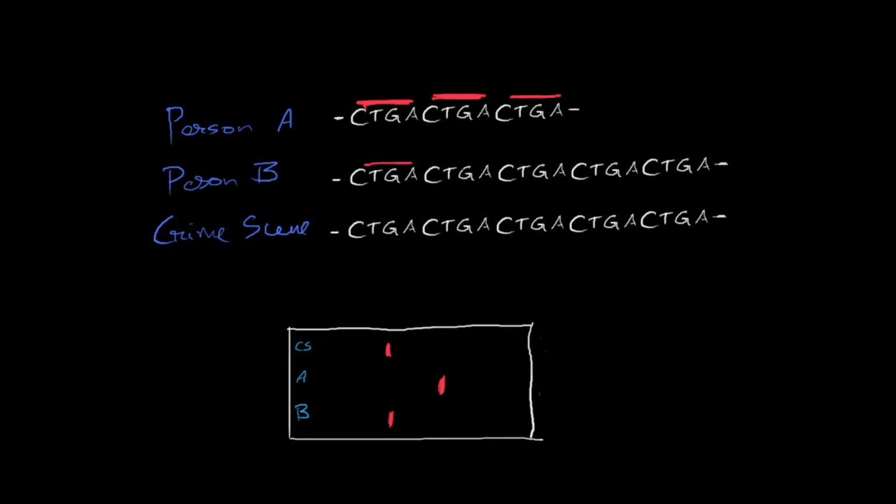But because the fragments vary in size across people, because of the different number of repeats, you would also see a difference in where they finally end up along the electrophoresis gel. And Southern blotting is basically just taking it one step further and allowing you to selectively visualize only the part of the DNA that you are interested in.